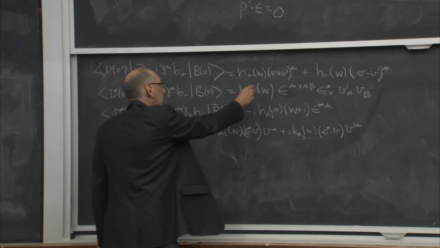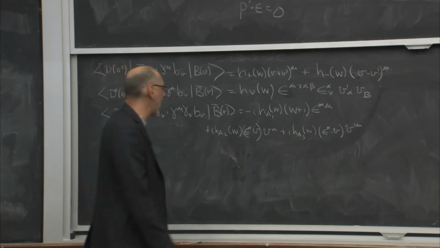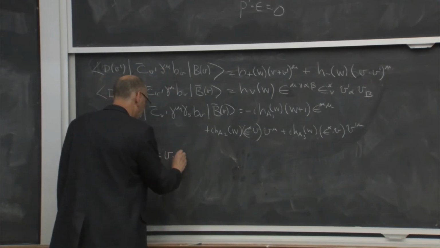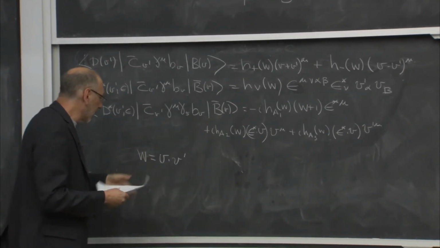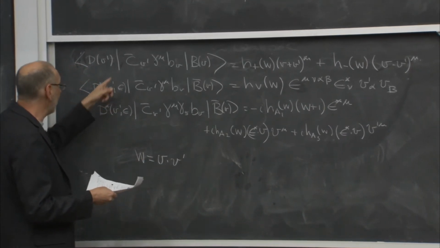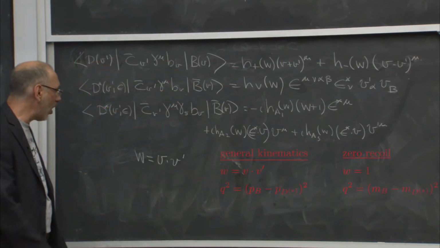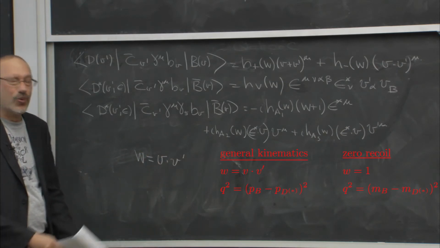So I don't want to use q squared here as my Lorentz scalar that my form factors depend on. The conventional one to use is w equals v dot v prime. So in the rest frame, for example, when the final meson is at rest in the rest frame of the decaying B bar, then these four velocities are the same, and w is equal to 1.